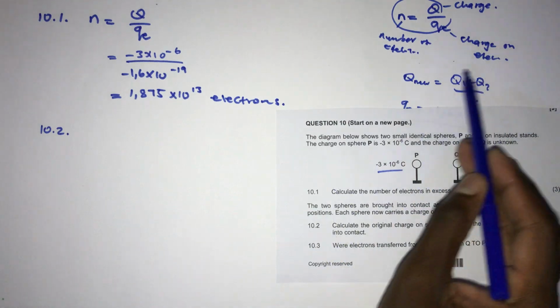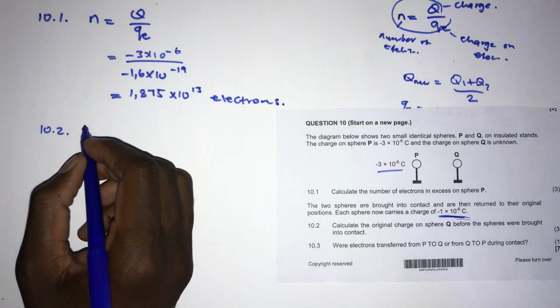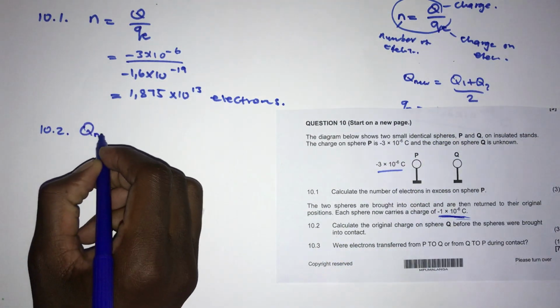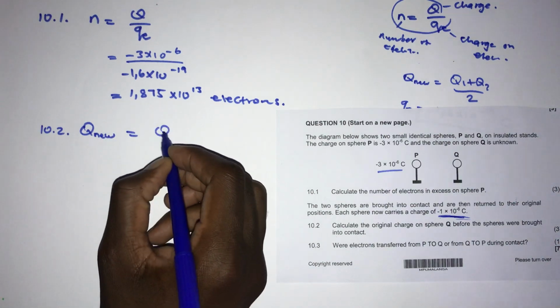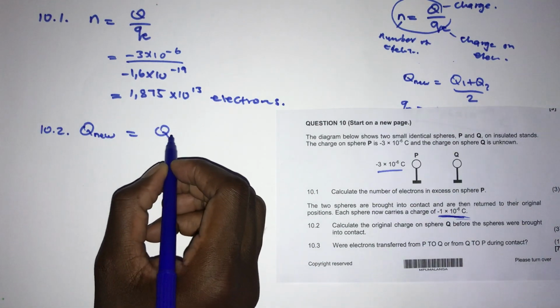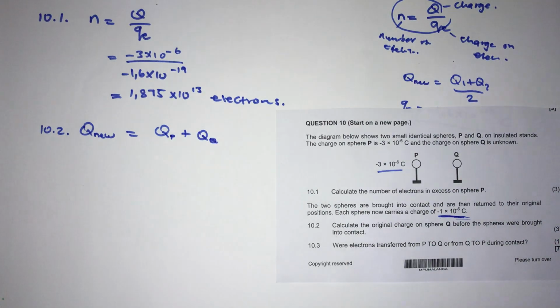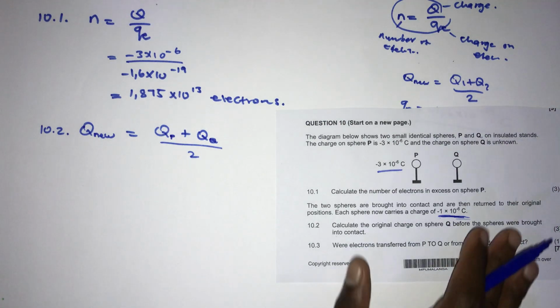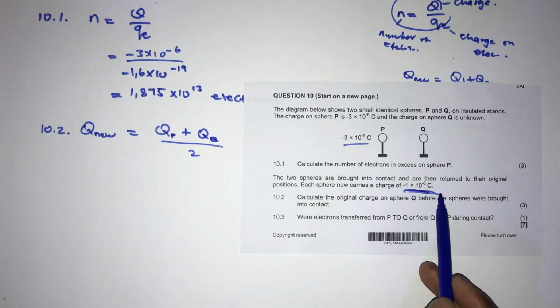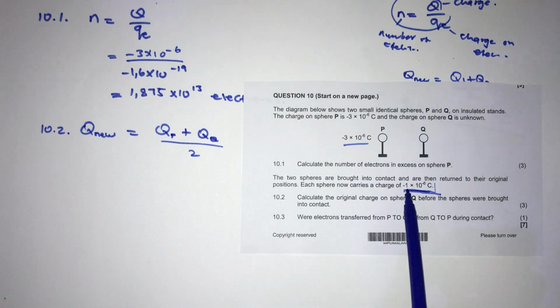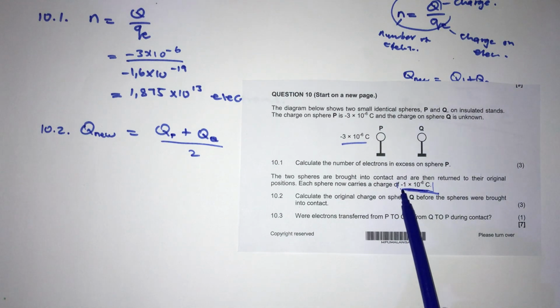The new charge is the charge on P plus the charge on Q, all over 2. After separation, each sphere had this charge, so that is our new charge.